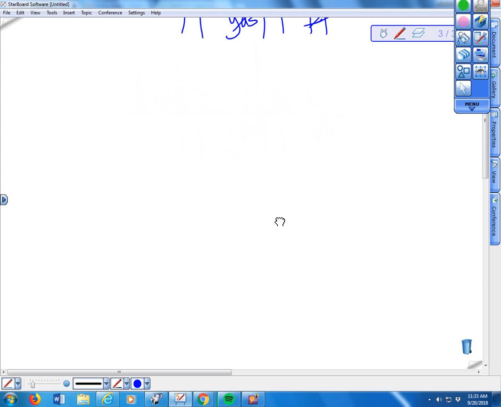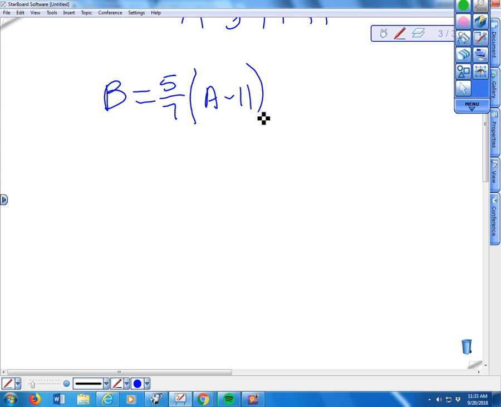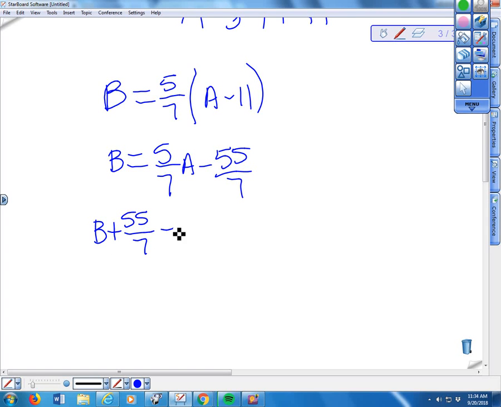Number 20, solve for A. Couple ways to do this. The long way is to go ahead and distribute. Minus 55/7. Whoops. And then I add 55/7 to B. And then I multiply A by the reciprocal.